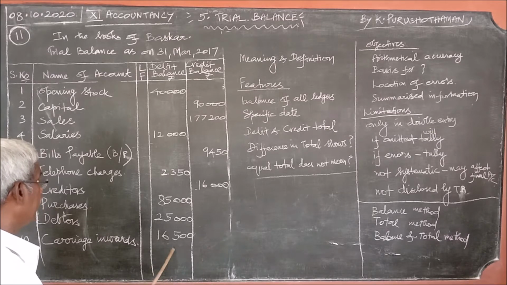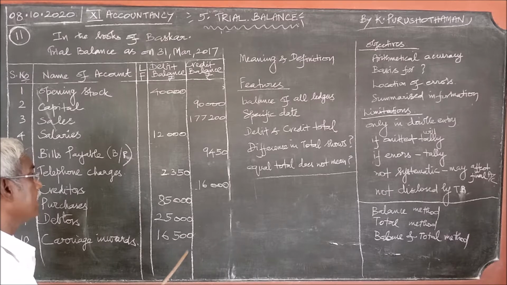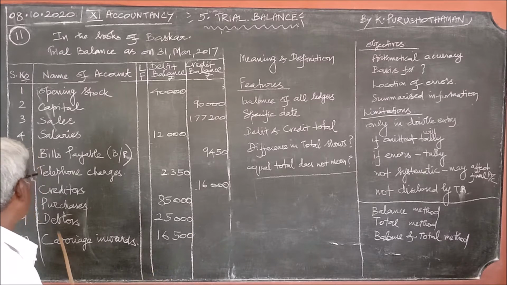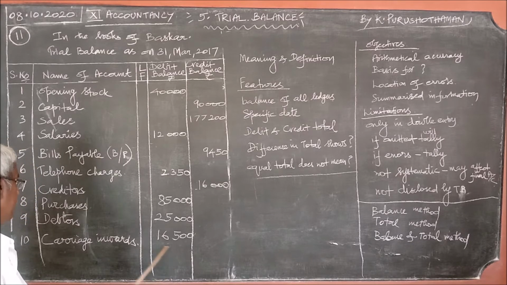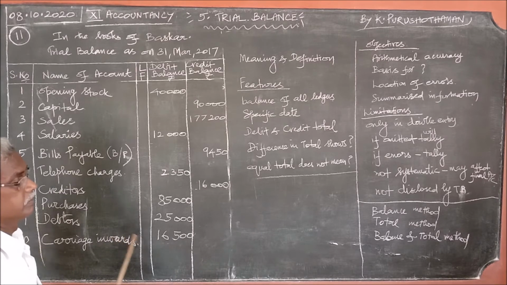Writing that 5,000 wherever it is missing, in the name of account column, we are writing suspense account. Total 2,98,000 one side, credit 2,93,000. Here 5,000 missing, you write that 5,000 here, and you write the name of account as suspense account.